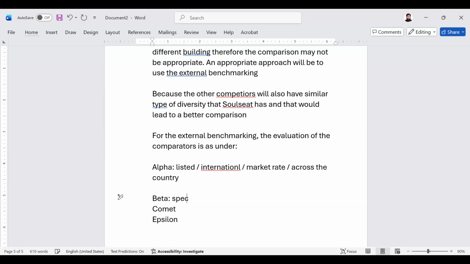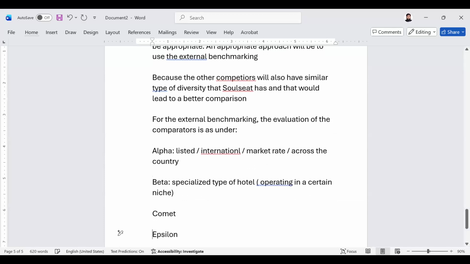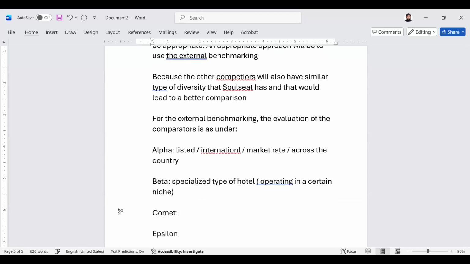For Beta, a specialized type of hotel operating in a certain niche. For the Comet hotels, so what does Comet hotels do?